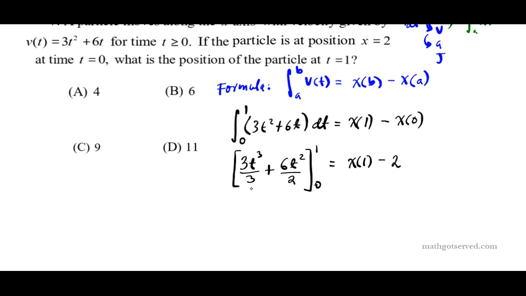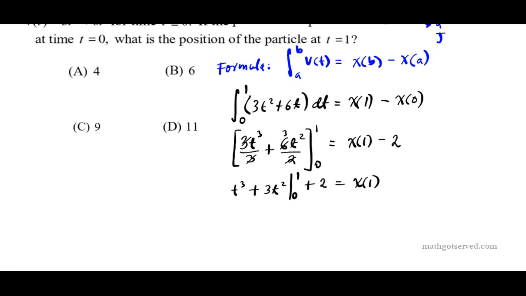So the 3s divide out and we have t to the third plus, 2 goes into 6 3 times, right? So we have 3t squared evaluated from 0 to 1 plus 2, which should give us our position when t is equal to 1. Let's finish this up. So x of 1, applying FTC part 1, we evaluate the antiderivative at the upper limit minus the antiderivative evaluated at the lower limit.